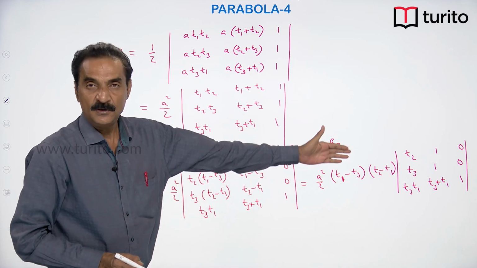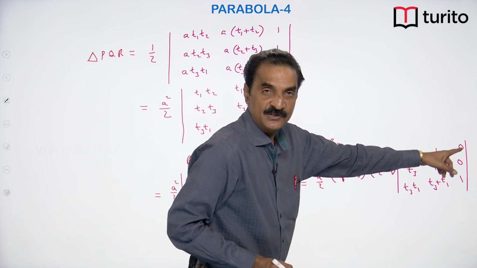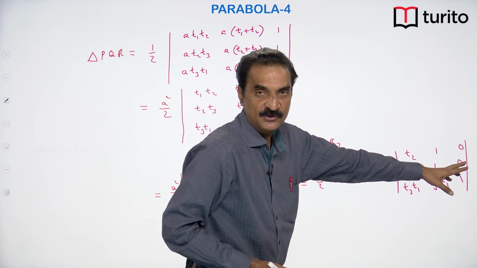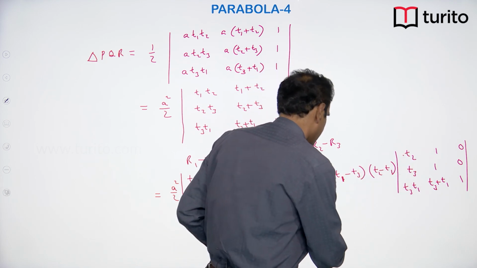Now, if you expand using the third column, 0 into anything is 0, this 0 into its cofactor is 0, plus 1 into t2 minus t3.